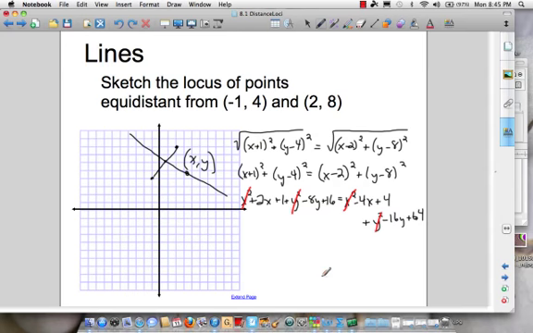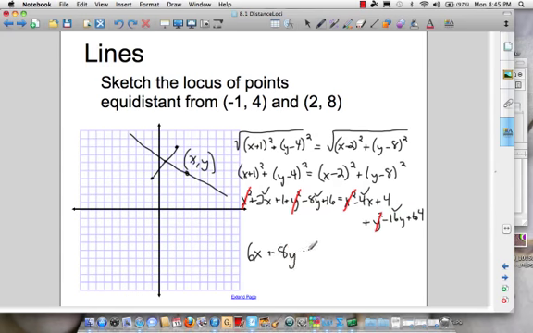So now I'm just going to gather all my variable terms on the left-hand side. There's a 2x, and I'd have to add 4x to both sides to get that to move over, so I'd have 6x. That takes care of the x's. And then I've got a negative 8y, and I'm going to have to add 16y to both sides, so that's going to give me plus 8y.